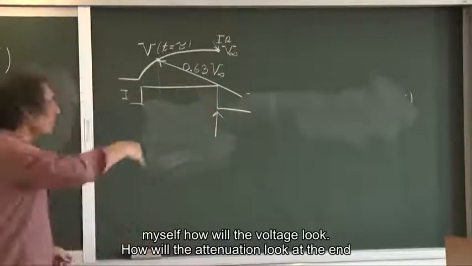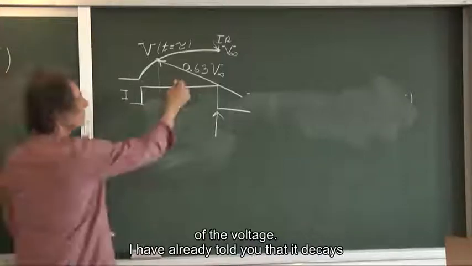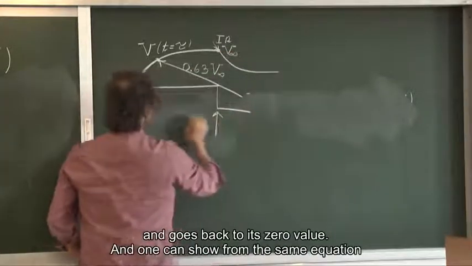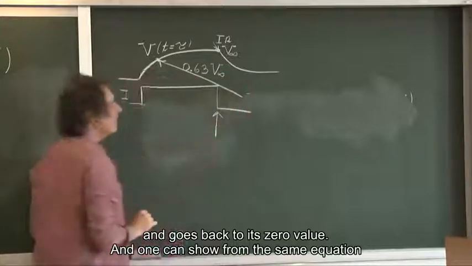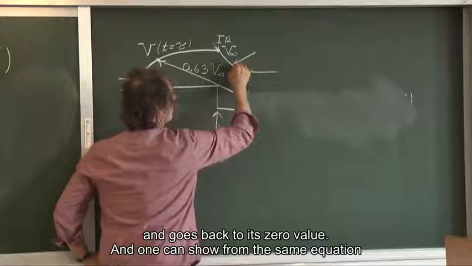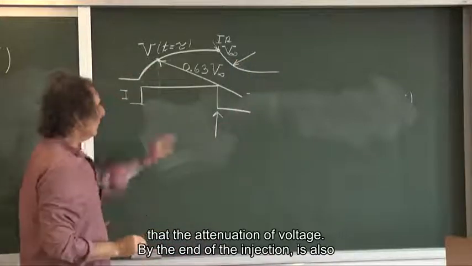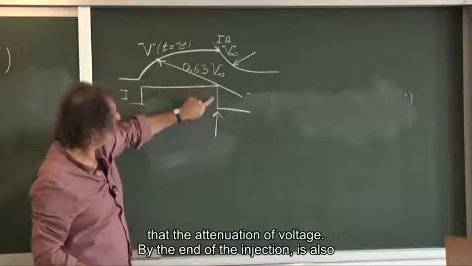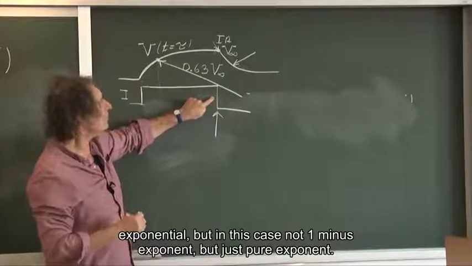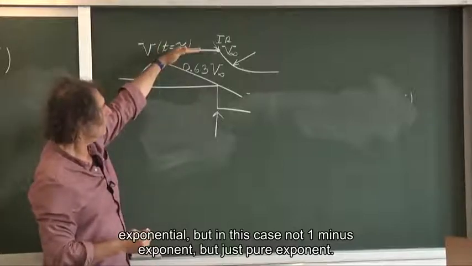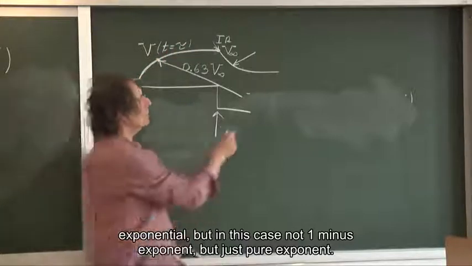How will the attenuation look at the end of the voltage? I already told you that it decays and goes back to its zero value. And one can show from the same equation that the attenuation of voltage by the end of the injection is also exponential, but in this case not 1 minus exponent, but just pure exponent.